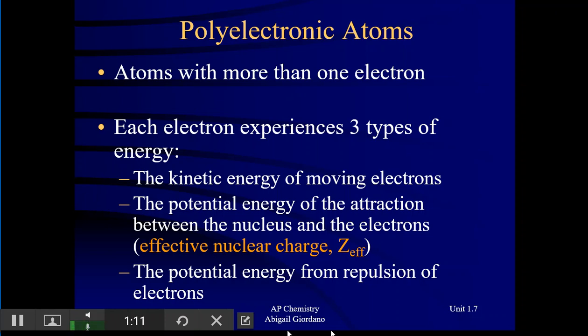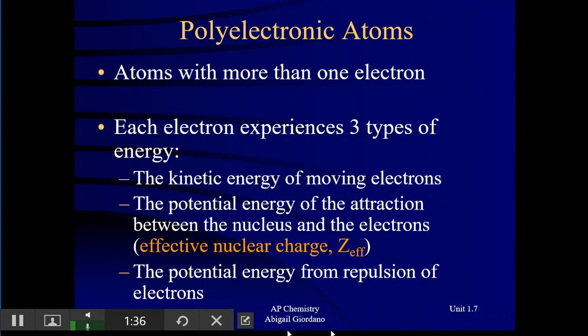And the way that I'm going to go about this is we're going to start off talking about what an electron is experiencing at any given time. Okay, so there's three things going on with an electron at least. Electrons, of course, are always moving, so electrons possess kinetic energy.